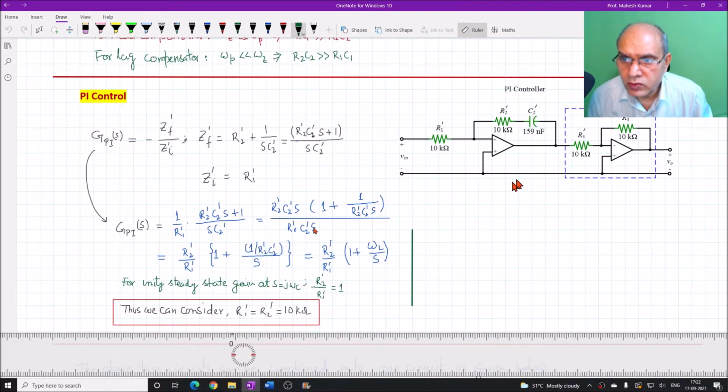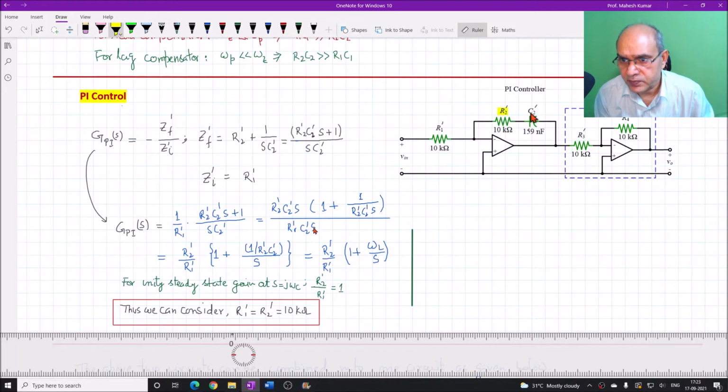Now we will see how the PI control unit is realized using the op-amp. As you can see in the diagram here, this unit is realized by the combination of R1 dash at the input and a series combination of R2 dash and C2 dash.